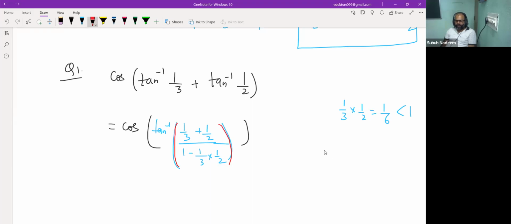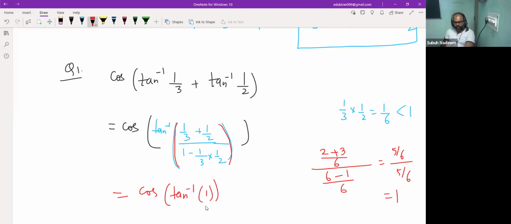Just take the LCM in the numerator and denominator. It will be (2 plus 3) by 6, and here it will be (6 minus 1) by 6. So it will be 5 by 6 by 5 by 6, which will be 1. So this will be cos of tan inverse of 1.